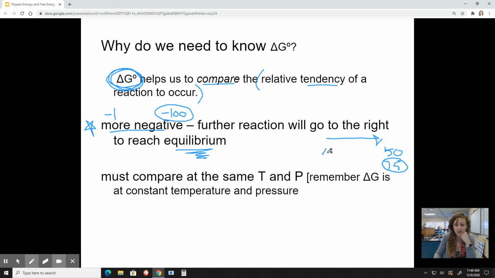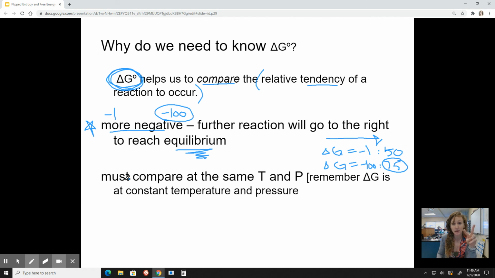So if your delta G is -1, maybe you can make 50 cookies. If your delta G is more negative than that, like -100, you know you can make more than 50 cookies before you hit that dynamic equilibrium point.